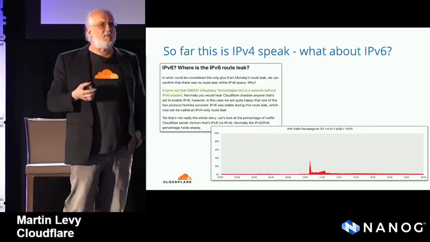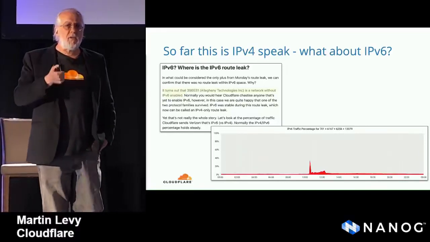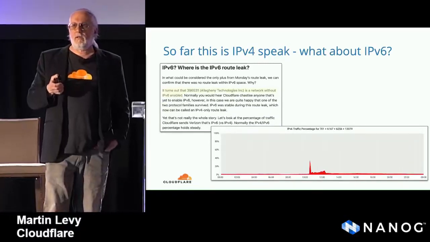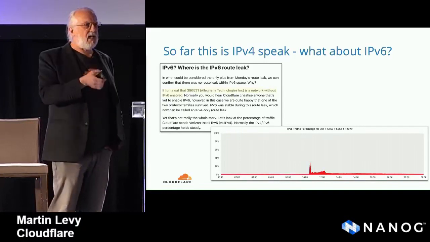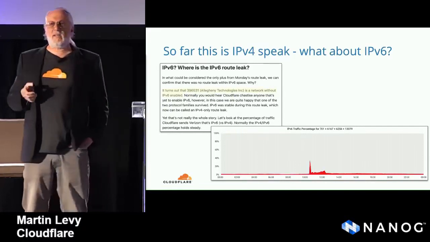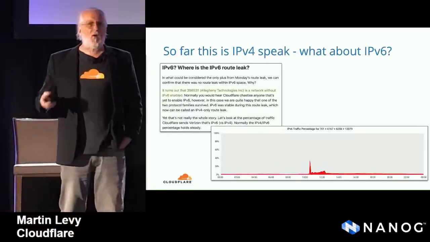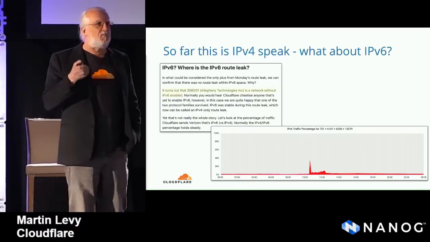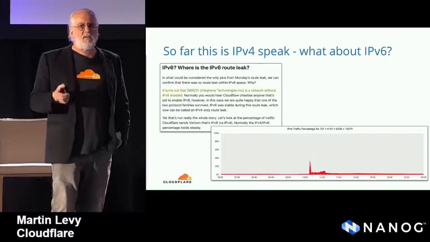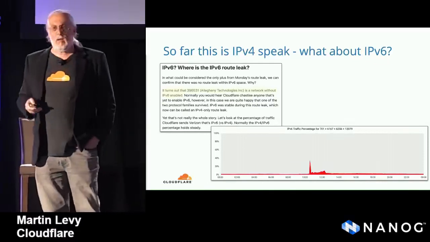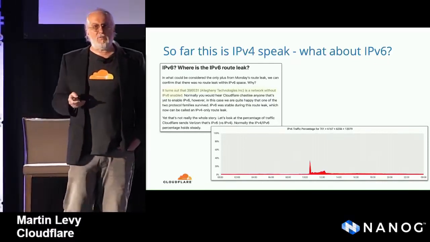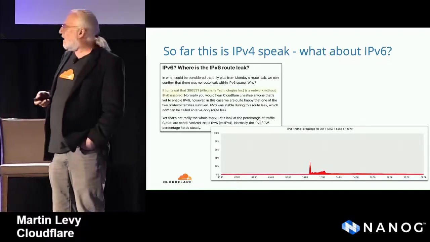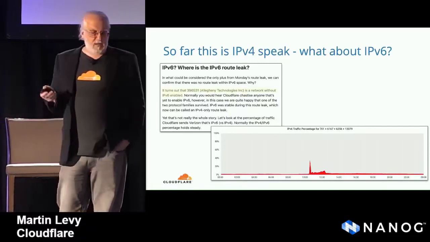They failed to connect on v4, but because Happy Eyeballs is doing a v6 connection as well as v4 in parallel, they got to connect to us and get content via v6 for that period of time. Now, sadly, the graph goes down after this is fixed, meaning that there is an awful lot of bias towards v4 out there versus v6. And for those people that know me, I am not happy with the bias towards v4 versus v6. But anyway, interesting graph. At least it's another way of looking at what happened during that time.